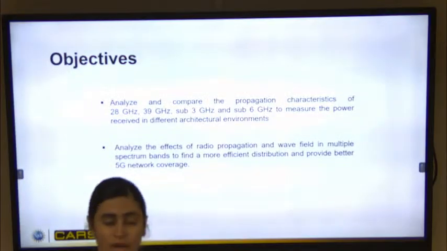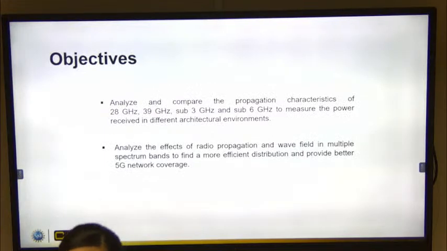So the objective of this presentation is to deal with two main points. The first one is to analyze and compare the propagation of 28 gigahertz, 39 gigahertz, sub-3 and sub-6 gigahertz using a system to measure the power received in different locations.